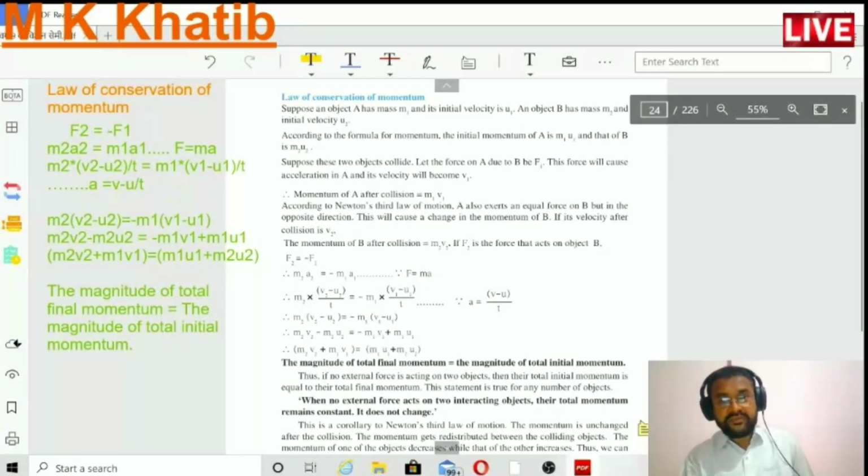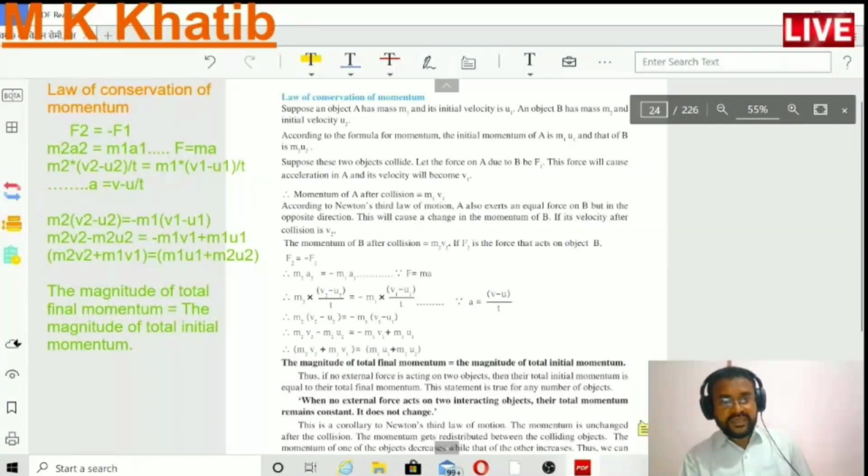If F2 is the force that acts on object B, then F2 is equal to minus F1. According to Newton's second law, F is equal to ma. So here F is replaced with ma. Therefore, m2 a2 is equal to minus m1 a1.